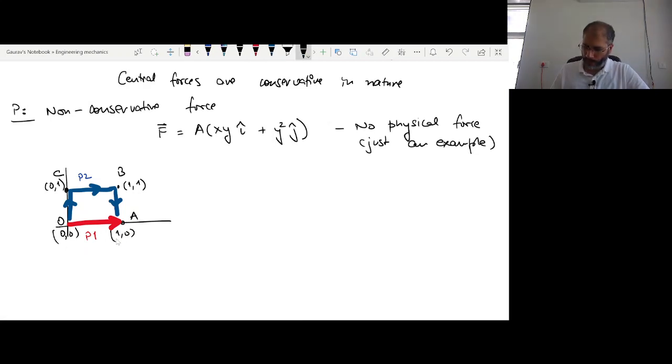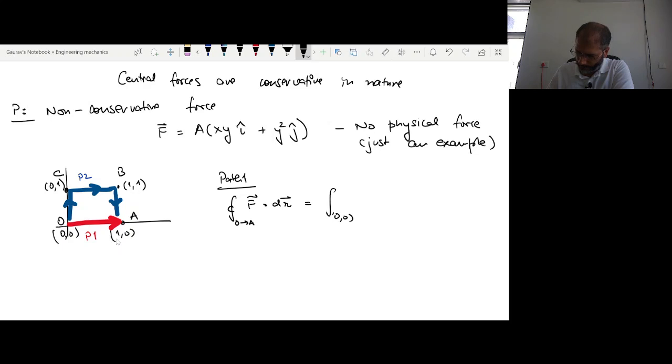So let's work with path 1 first. The work done in path number 1 is from O to A. For path number 1, this is a straight line which is along the x-axis.